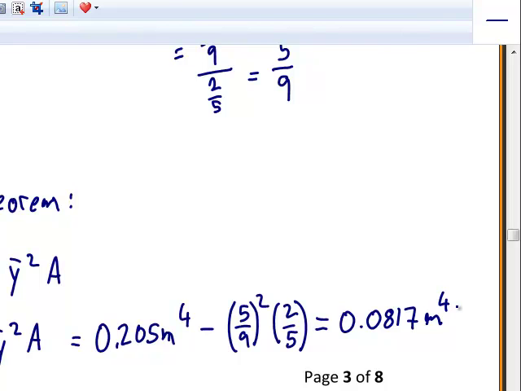So it's quite a bit lower, and that's because the distances are all less, and the square of the distance is even less. So it's typically going to be a lot lower.